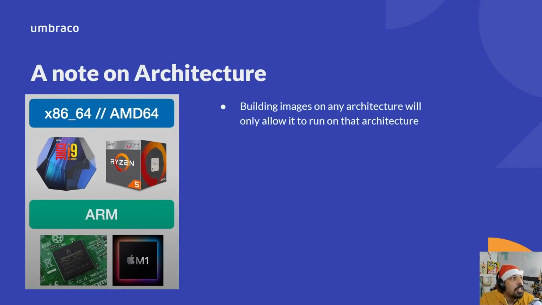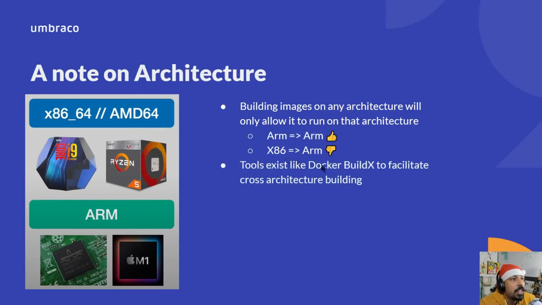So if you compile on x86, you can only run on x86. You can't run that same on ARM, and likewise, if you compile on ARM, you can't run on x86. There are ways to do that. There are ways like Docker BuildX, which is a cross architecture building tool, but it's way beyond the scope of what we have time for today.